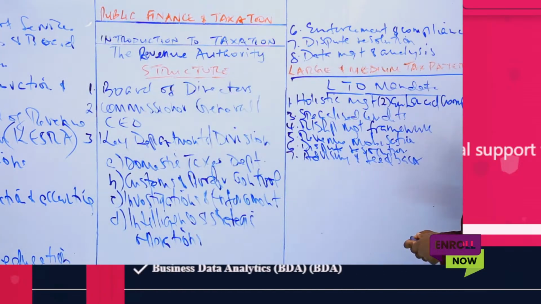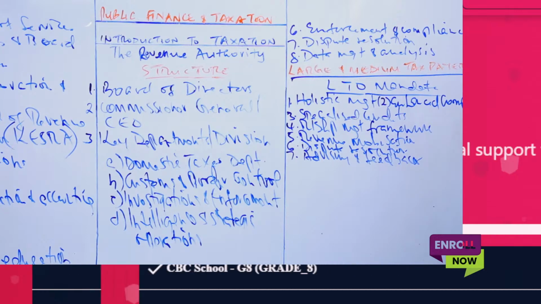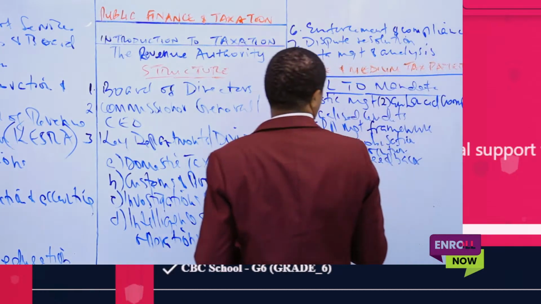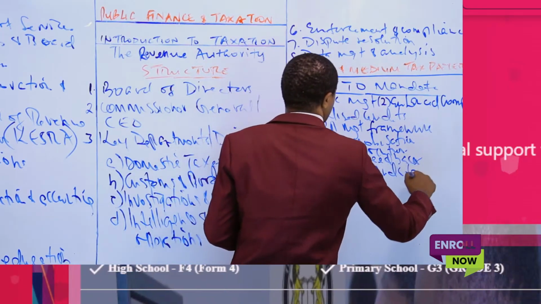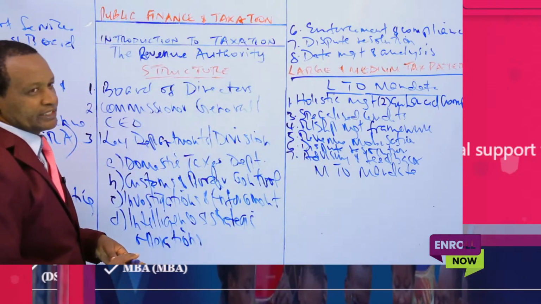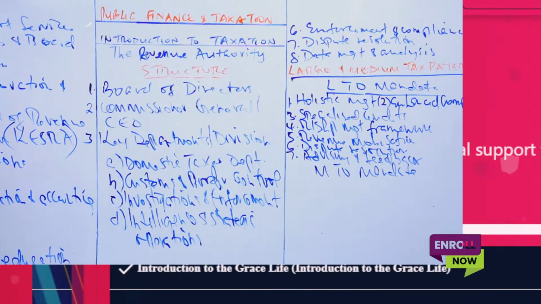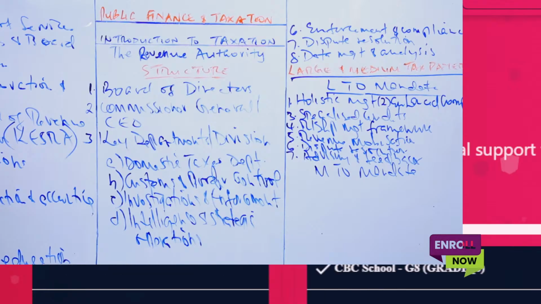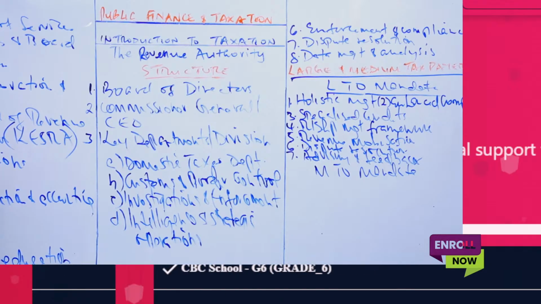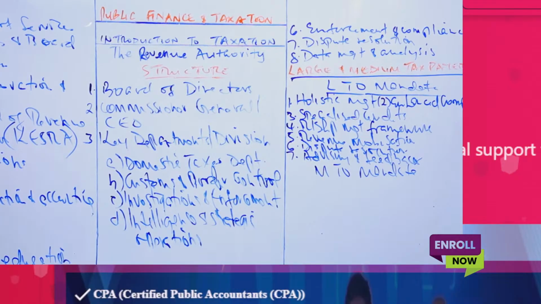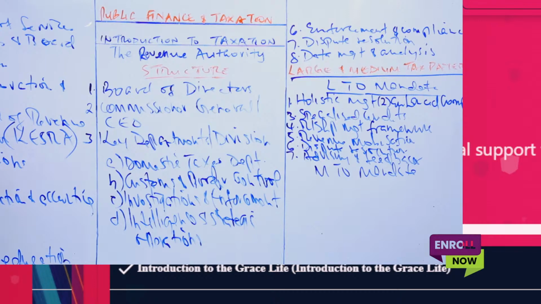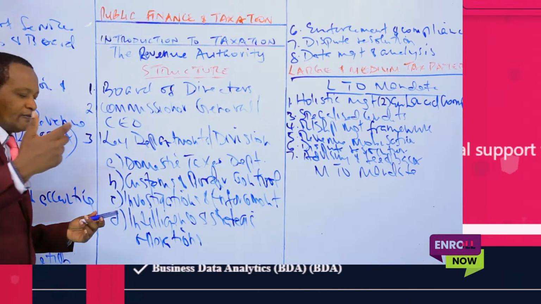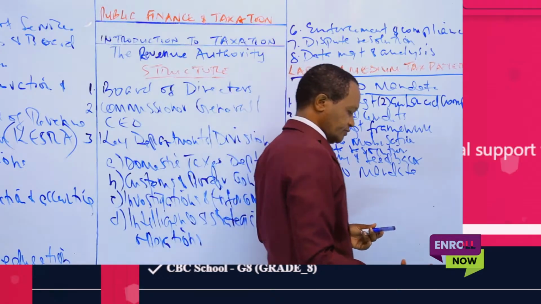Let's now discuss the MTO mandate, Medium Taxpayers Office mandate. Now, while the Medium Taxpayers Office may now be integrated within the LTO as a co-functional area, it has its specific mandates.